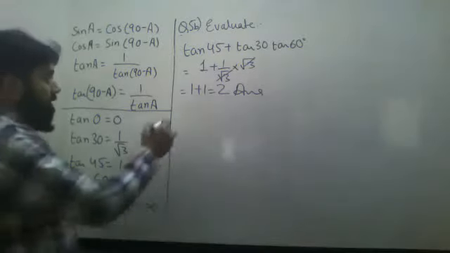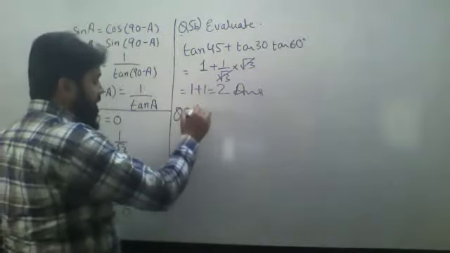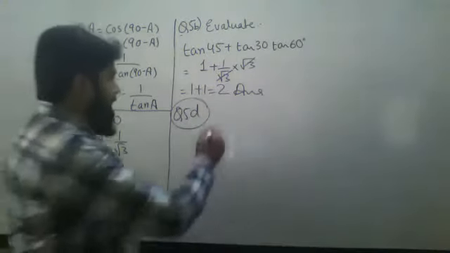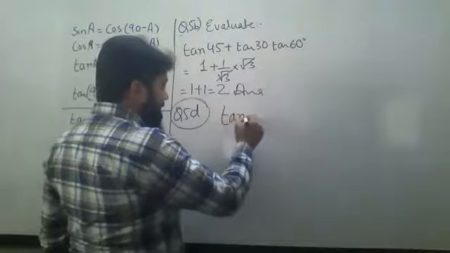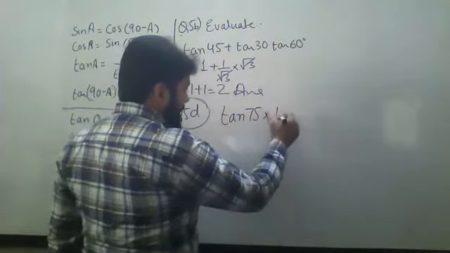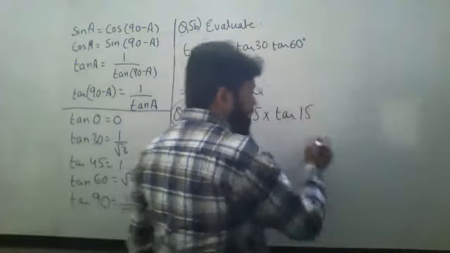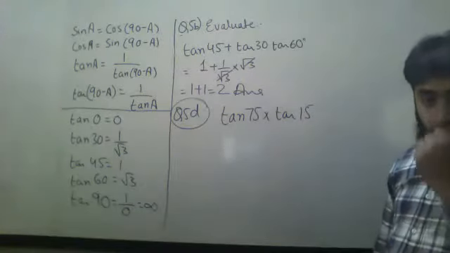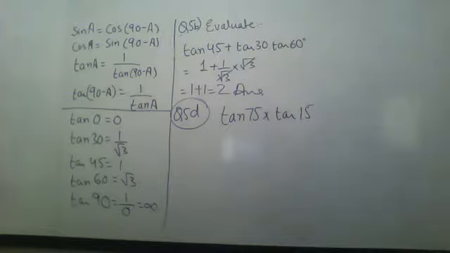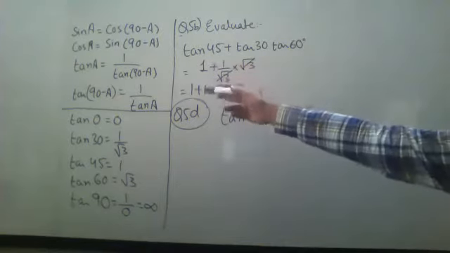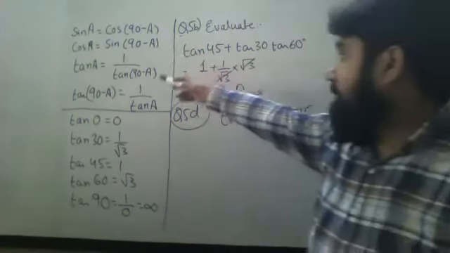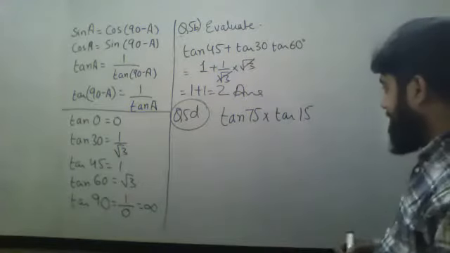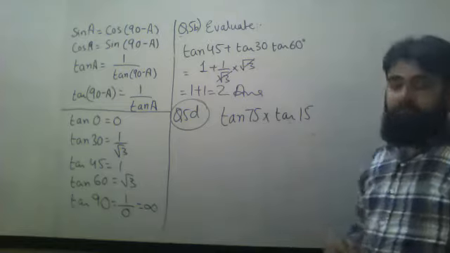Now, question number 5b. They are saying tan 75 degrees into tan 15 degrees. I have to evaluate this one. No value is given to me, so we have to use these relations to get the answer. See, tan 75 into tan 15.